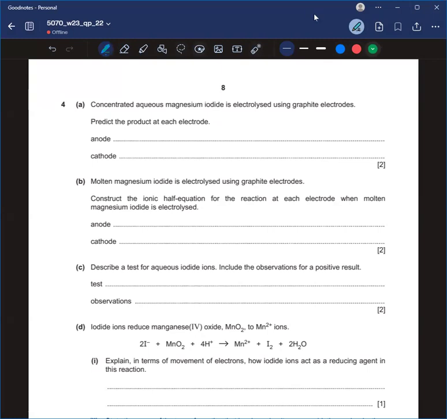So here we can see that we have concentrated but aqueous magnesium iodide. So our main focus is aqueous, right? Just ignore concentrated, because here we have aqueous, which means that at the cathode we'd be having hydrogen for sure. Let me write it.